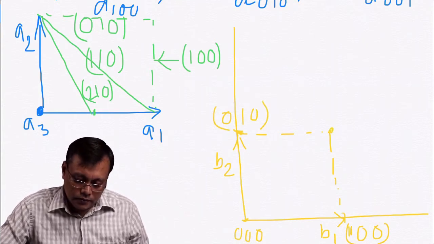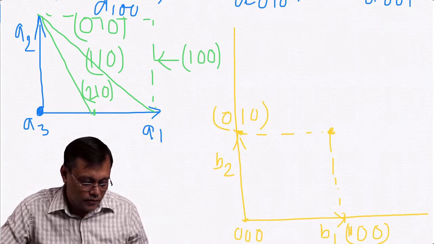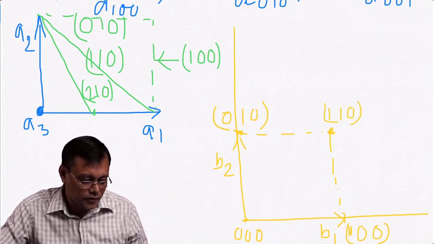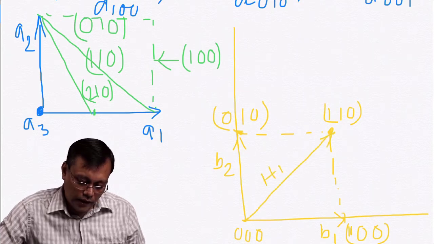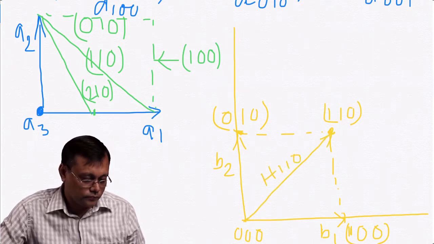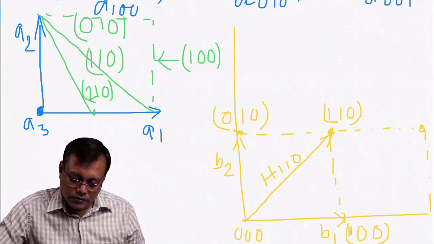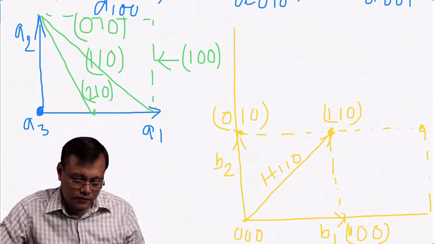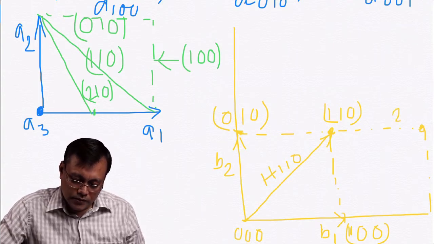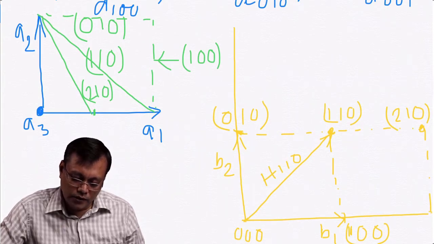Okay, so what is this particular point? It must be 1, 1, 0, isn't it? We call it H110. Now this particular point in the reciprocal space is 2, 1, 0, because in the B1 vector I have 2 units and 1 unit here.